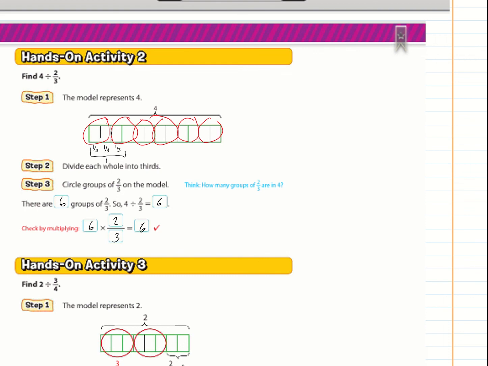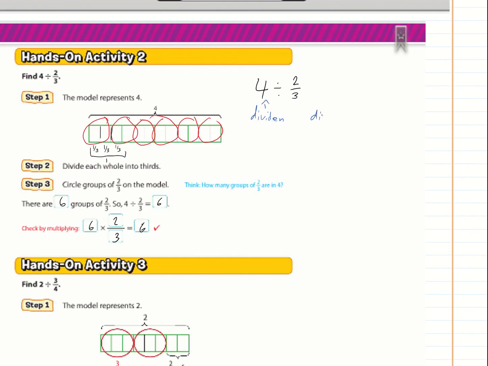I'm actually going to show you guys the method without using a model, because this is the method we'll be learning in the next lesson. The way you divide fractions is we have the dividend and the divisor. Okay, dividend. I don't know if I spelled that right or not.